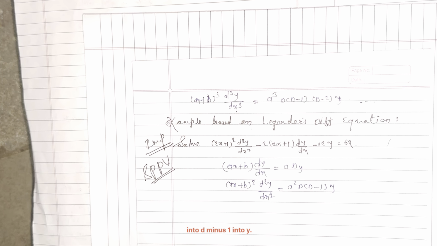So let's replace all these values. We replace 2x plus 1 dy by dx.